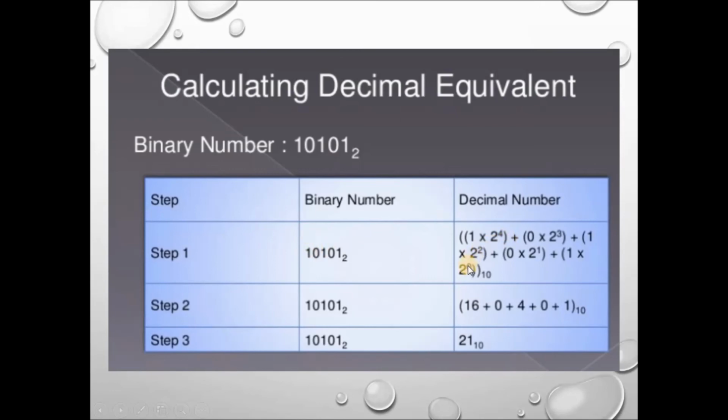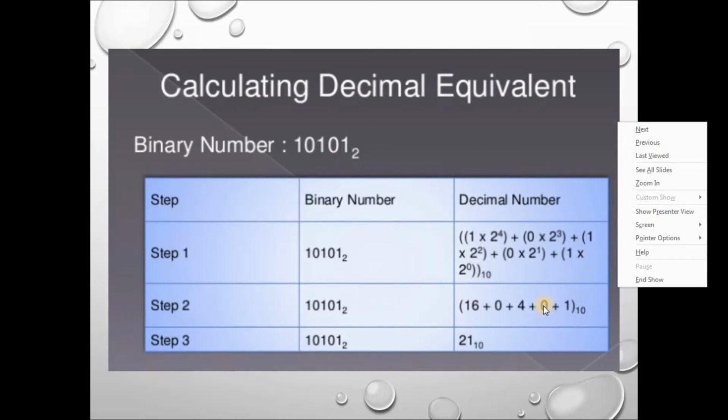So this is the last one, 1 into 2 to the power 0, 0 into 2 to the power 1. Like that you will get it. If you do the calculation, then you will get the decimal number. Step 2. After calculation these values are coming. 2 to the power 0 means 1, into 1, this 1 is coming. 2 to the power 1 means 2 into 0, so 0 is coming.